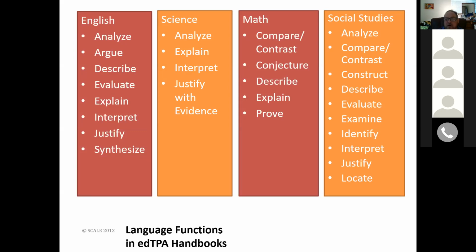Yes. Okay, good. In the special ed handbook, you may choose any of these content areas to use with your focus student. So it's different than elementary.